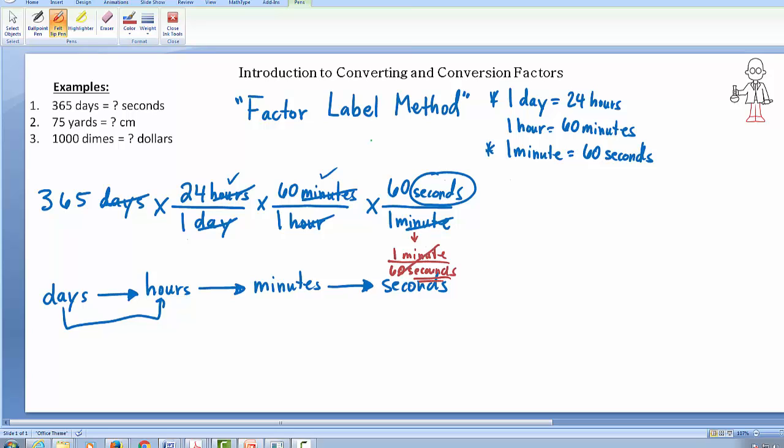So writing that would be incorrect. Whatever coefficient goes with the unit has to be the same that you used in the conversion factor.